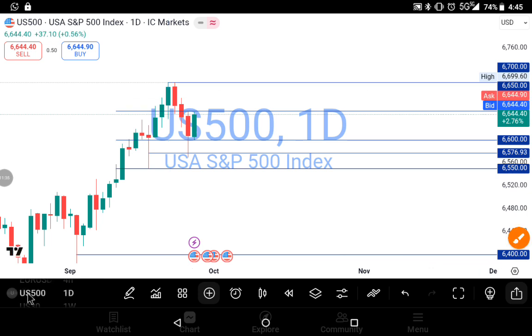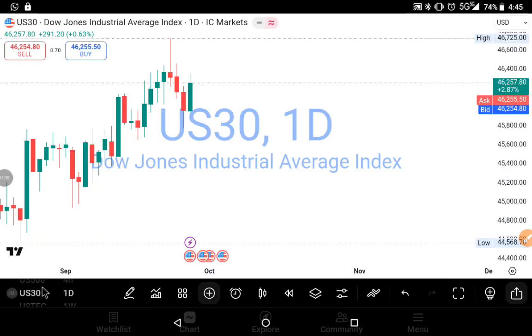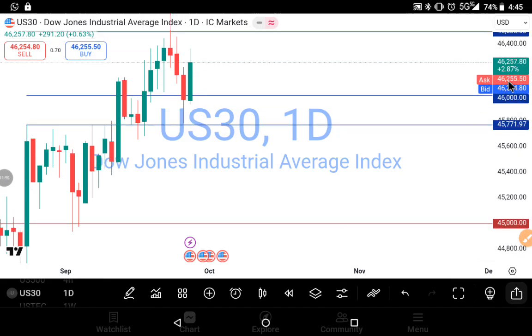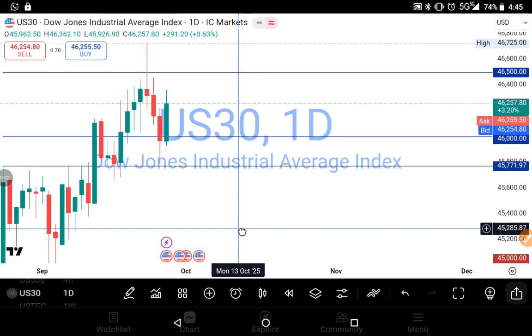So that features. Last week I was interested in 46,500, as long as the level 46,000 remains a support to the price.